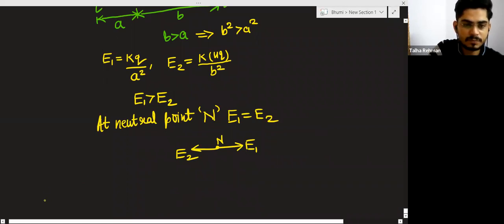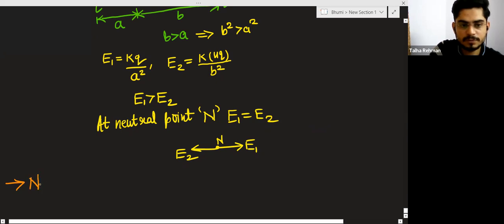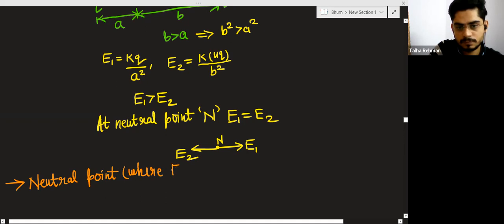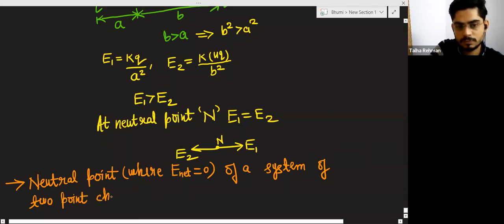So you can say the neutral point of a system of two point charges lies near the smaller charge.